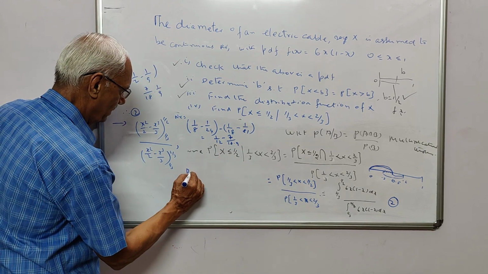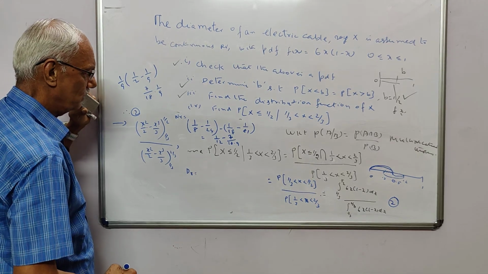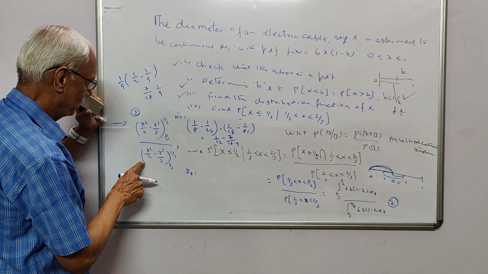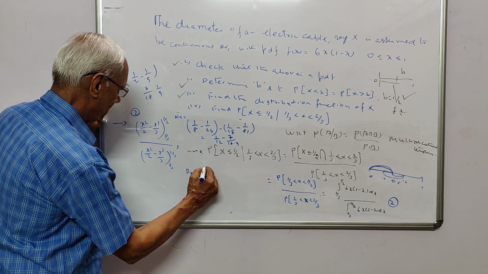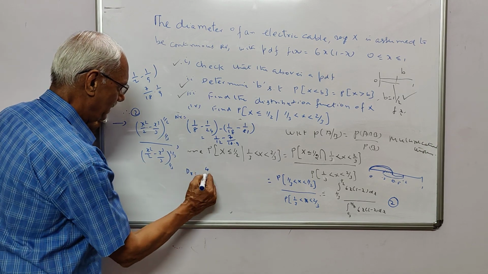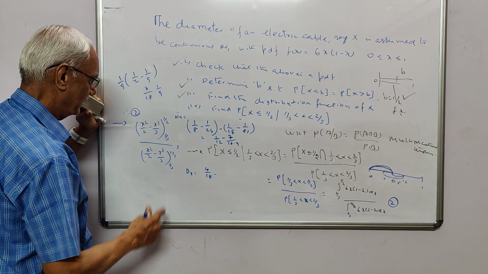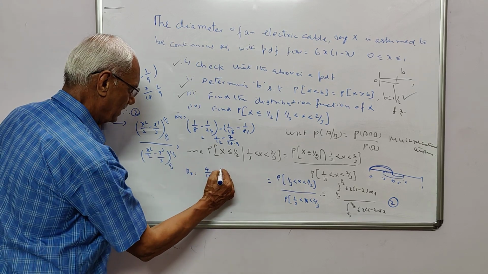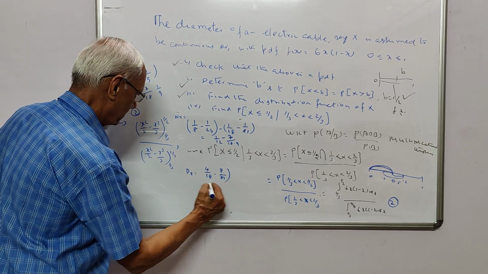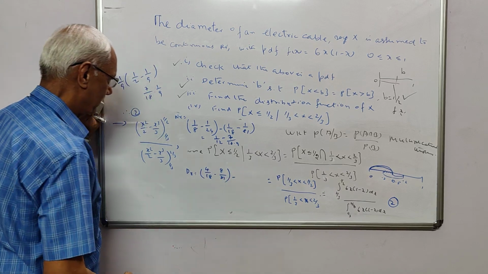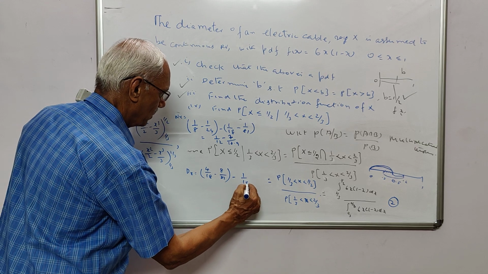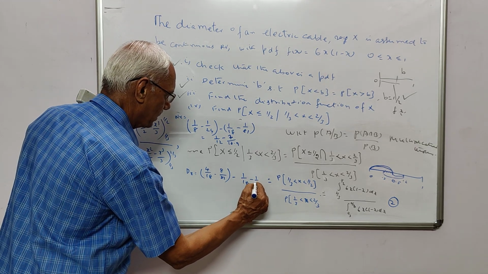Now what is your denominator? If you substitute 2 by 3, it is 4 divided by 9 means 18, minus 8 divided by 81, minus, if you substitute 1 by 3, it is 1 by 18 minus 1 by 81.